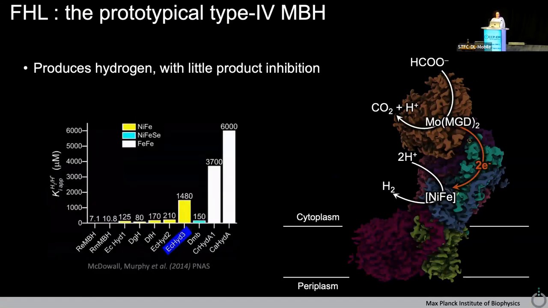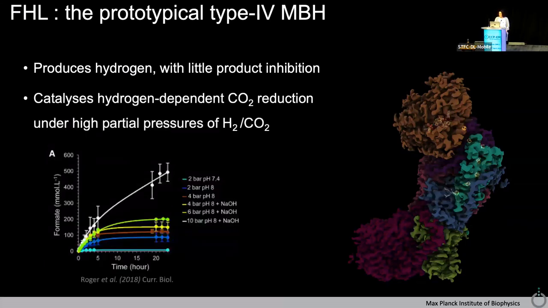So that's quite an interesting reaction, and it turns out that this is much better at making hydrogen than other related hydrogenases. It's also possible to force this reaction to work in reverse. So work done in the group of Frank Sargent show that by putting this complex under a pressure of H2 and CO2, it's possible to drive CO2 reduction to formate.